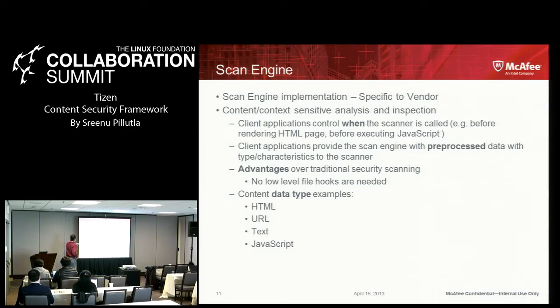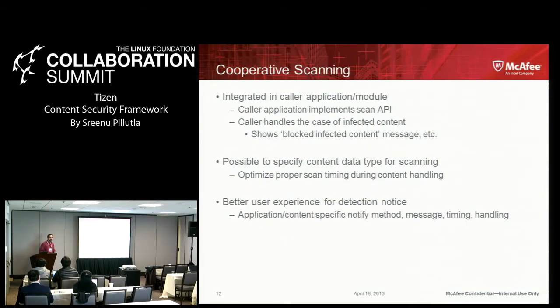And as I was mentioning before, the advantage over traditional security is that there is no low-level file system hooking. This basically encapsulates all the complexity, so it's only about the app layer. You can't go down into the system.